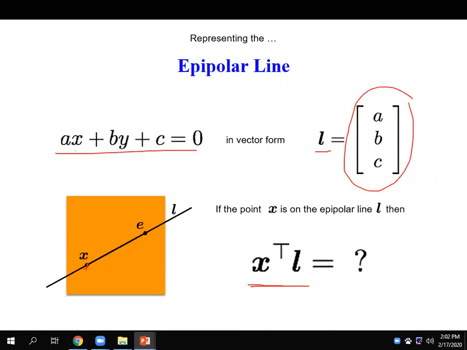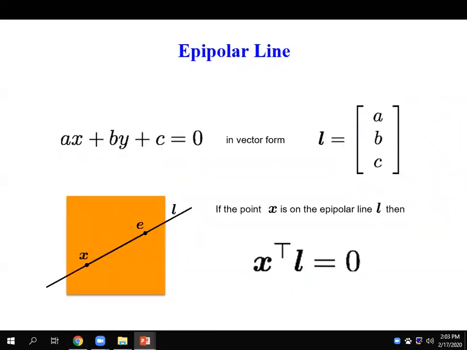The vector of that point will be a vector in the same exact direction, so it will be something like this vector, correct? The vector that carries the L will be something perpendicular to that particular plane. If you do this dot product, it will give you 0. So X transpose L will give you 0.